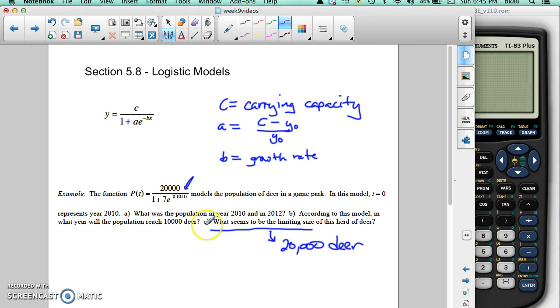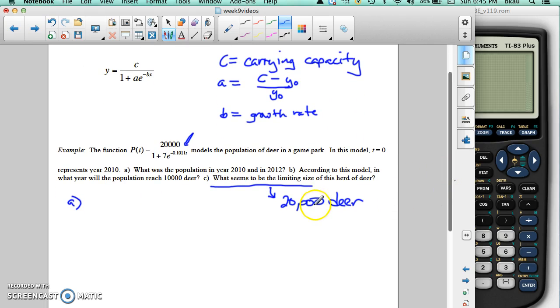Now we can use this model, and for part A we can plug in some values. 2010 is the beginning year, so T equals 0, and for 2012, T is going to equal 2. So we can just plug those values into the equation and find out the answers.